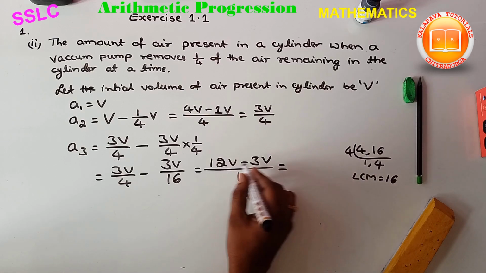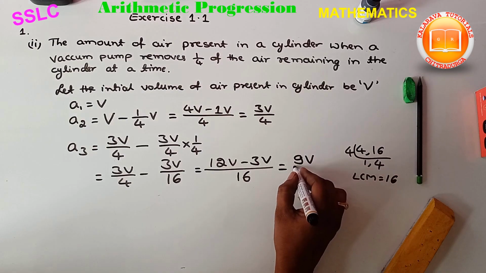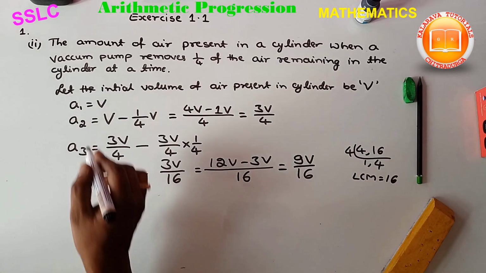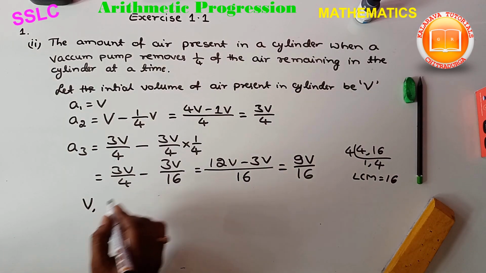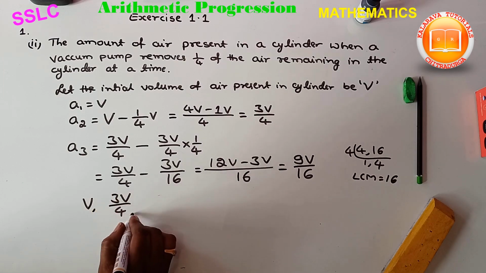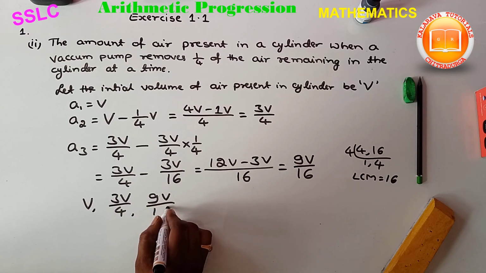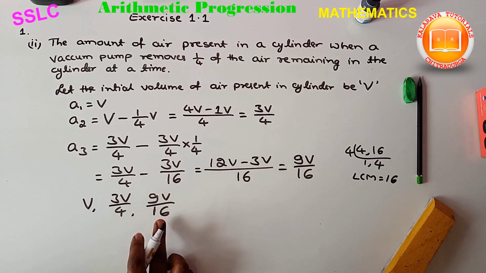So that gives you 12V minus 3V, which is 9V divided by 16. This is the third term. So now we write the terms of the AP. The first term is V, the second term is 3V divided by 4, and the third term is 9V divided by 16.